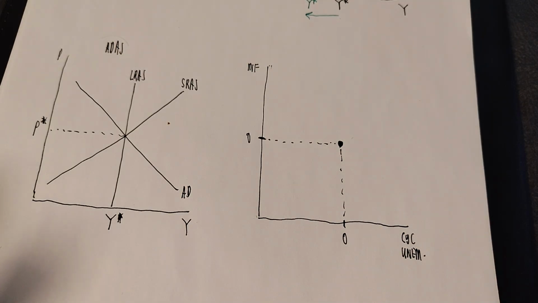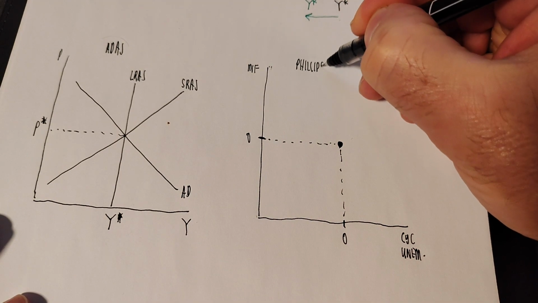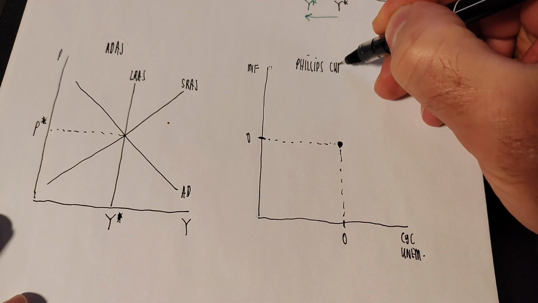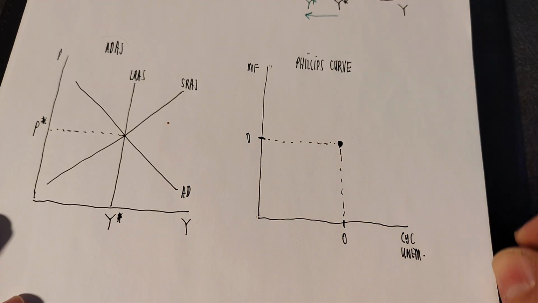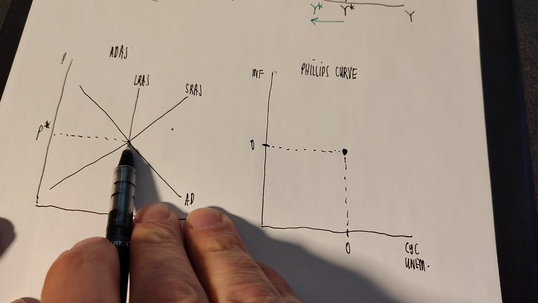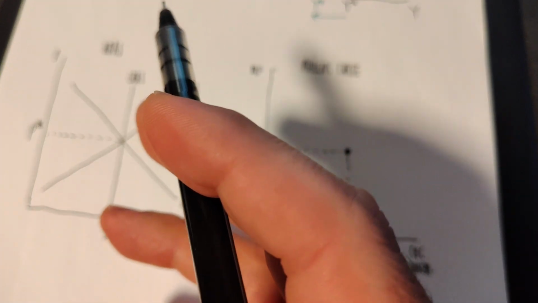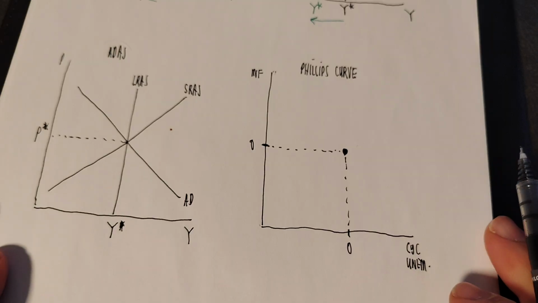We don't have a curve yet, so this will be our Phillips curve. All right, but we do know that cyclical unemployment is equal to 0 because the current equilibrium is right on the long-run aggregate supply curve, right? And prices haven't really moved anywhere, so the inflation rate, by implication, is equal to 0.